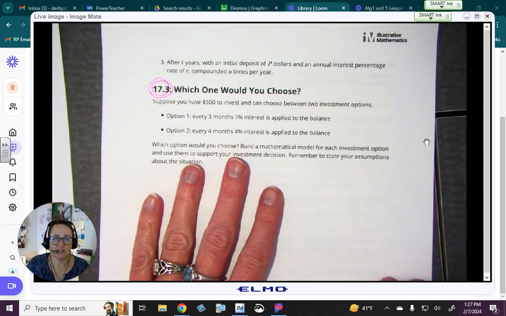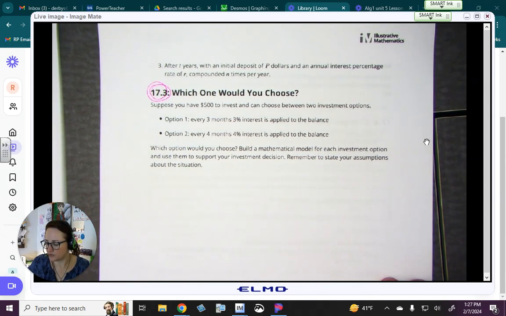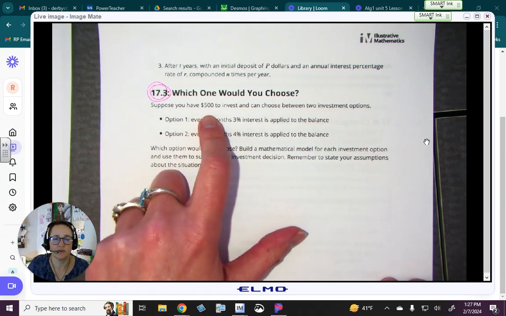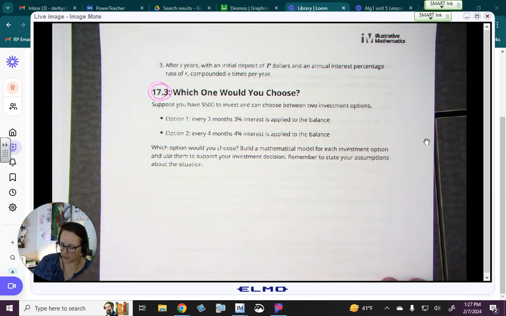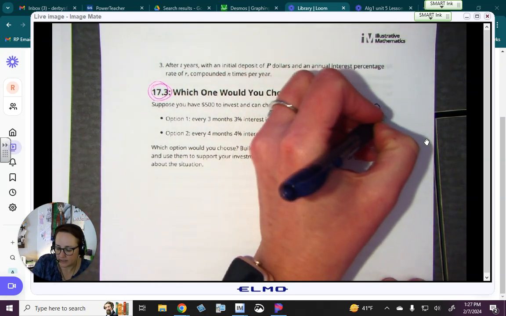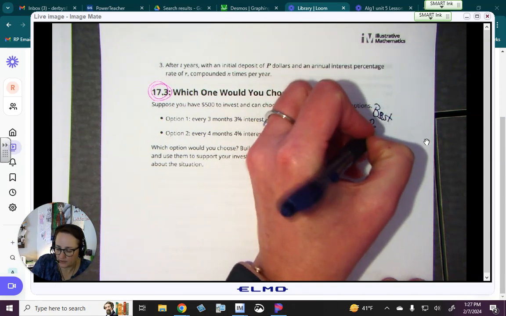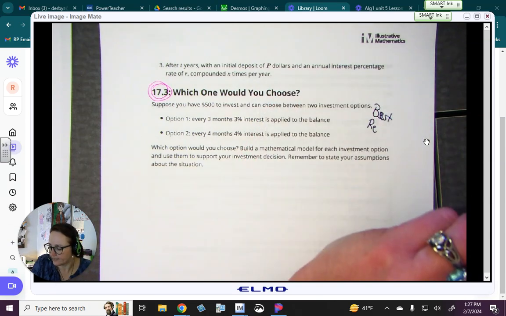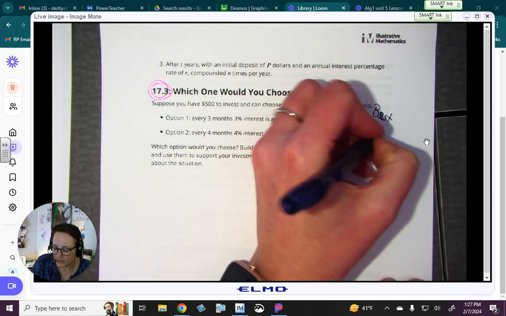Lesson 17.3 asks you a really great question. It says, which one would you choose? Suppose you have $500 to invest and can choose between two investment options. This means we want the best percent rate, the best return, the best rate for us.